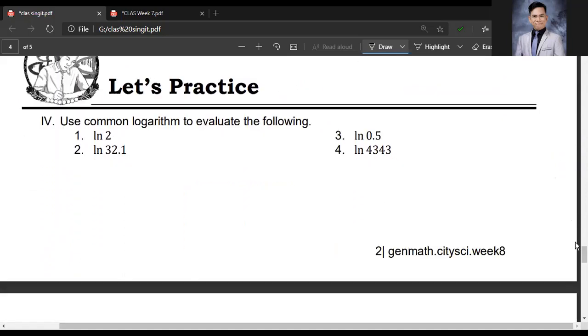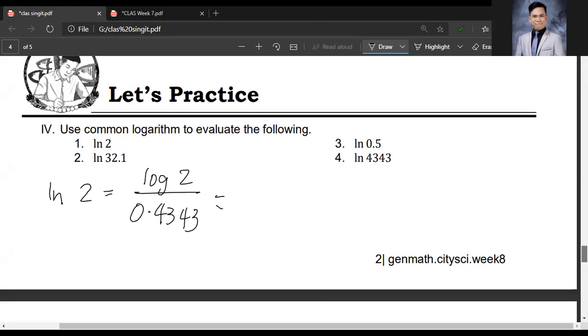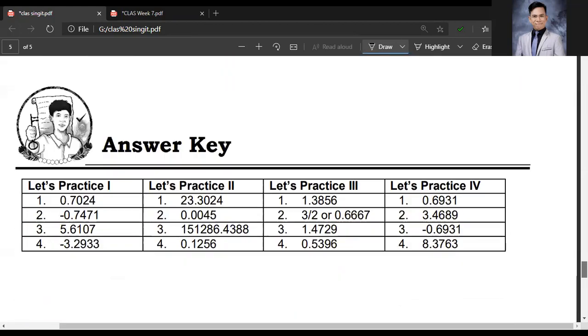Ayan, let's practice. Use the common logarithm to evaluate the following. So if we have ln 2, that is equal to logarithm of 2 over 0.4343. Ganun din yung gagawin nyo sa iba, class. Bahala na kayo kung paano yung sagutan. Use your calculator. At the end of this, we have the answer keys.